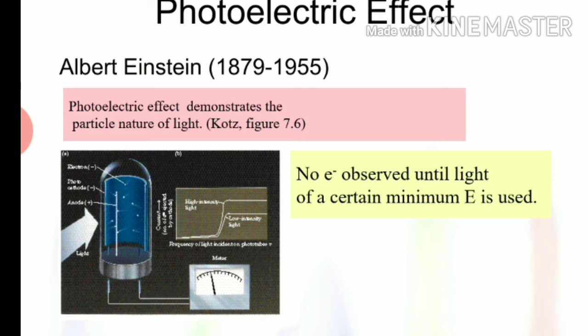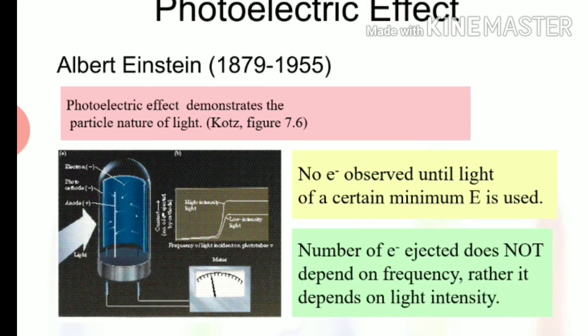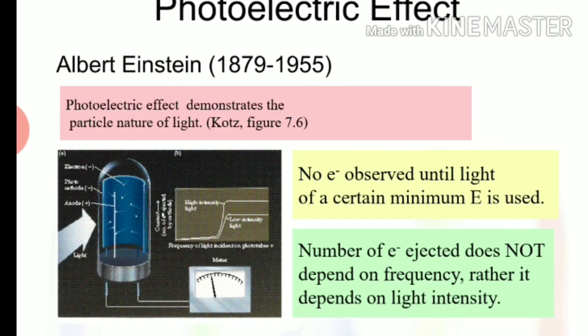The number of electrons ejected does not depend on the frequency, rather it depends on the intensity of light. That means the frequency of light does not determine the number of ejected electrons; it only requires the electrons to be raised from a lower energy level to a higher energy level.